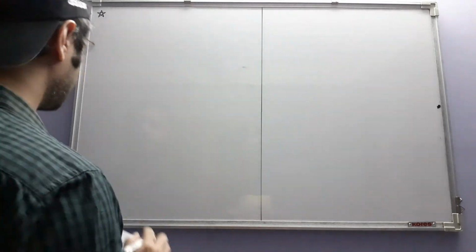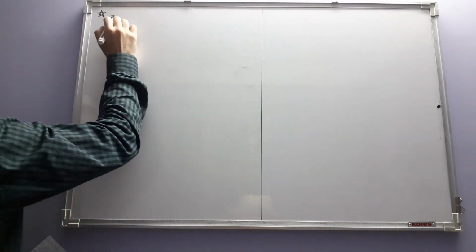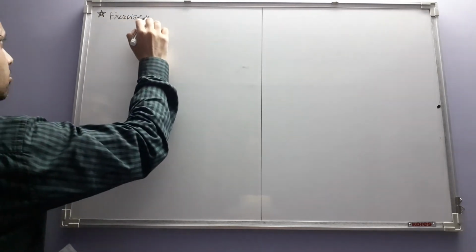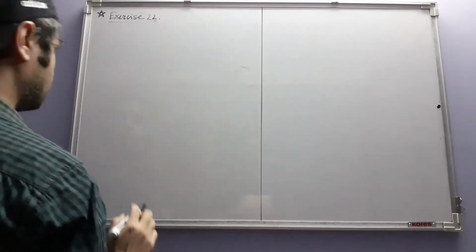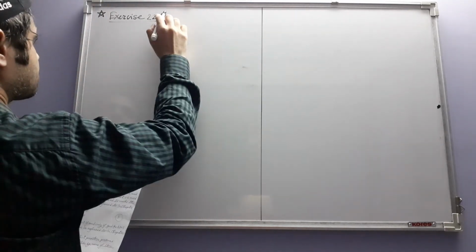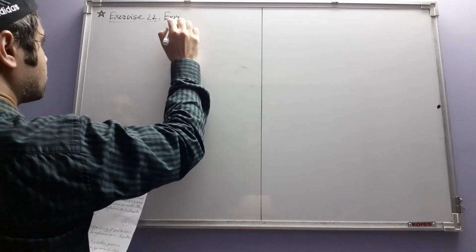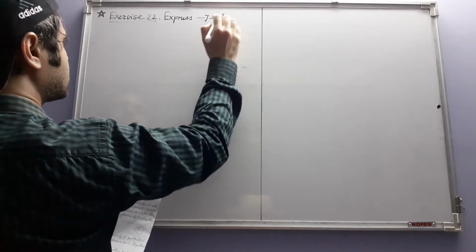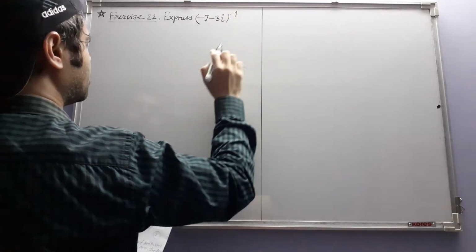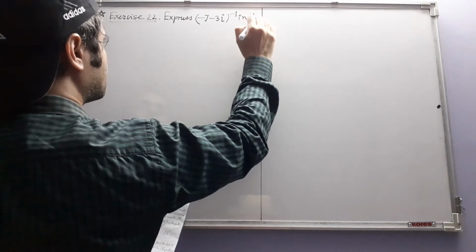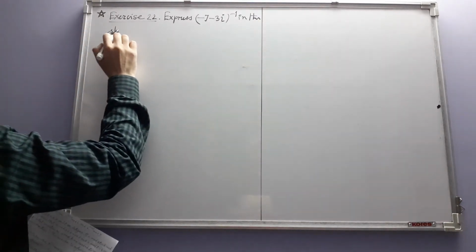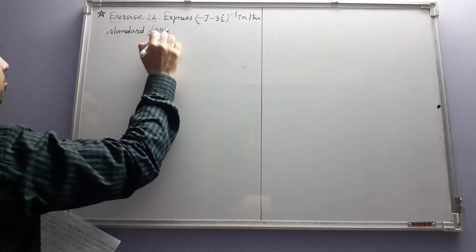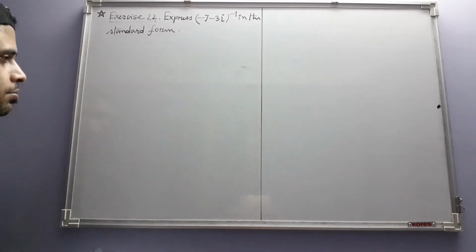Okay, so next exercise 22. Express (-7 minus 3i) to the power -1 in the standard form.